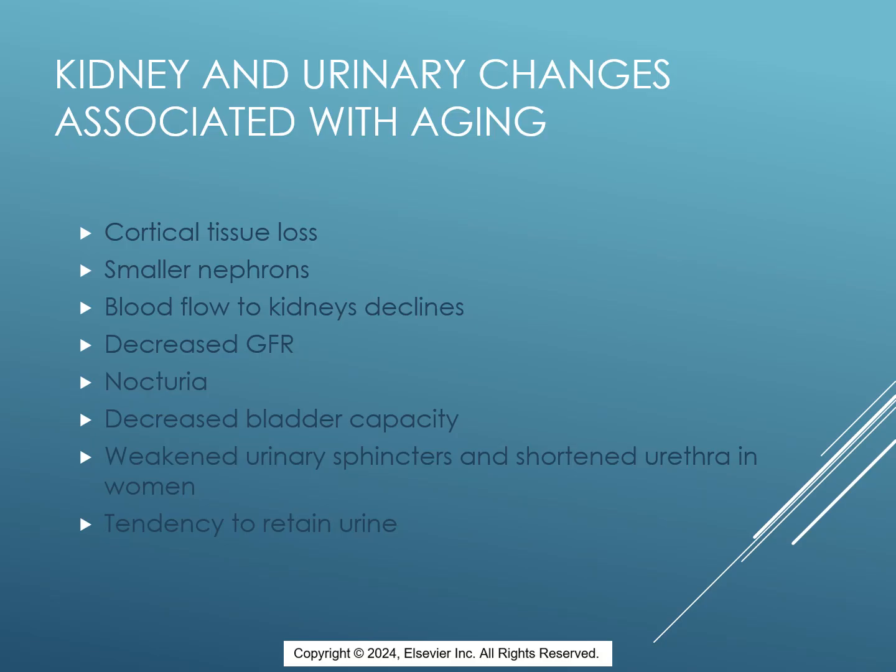Thickened glomerular and tubular linings lead to decreased filtration and waste excretion. Tubular function declines, leading to decreased urine concentration, nocturia and urgency. Impaired thirst leads to risk of dehydration and hypernatremia.